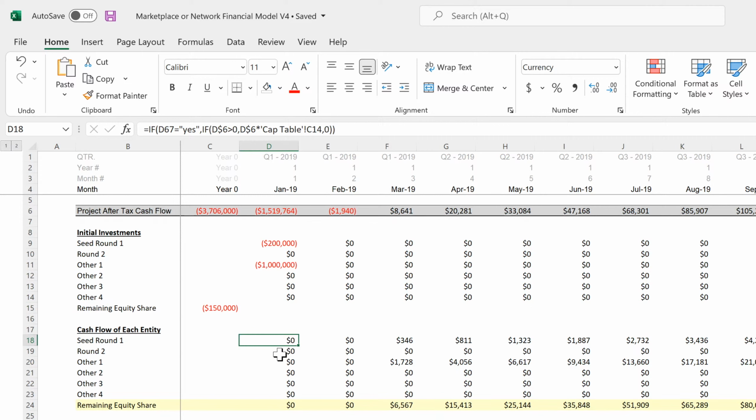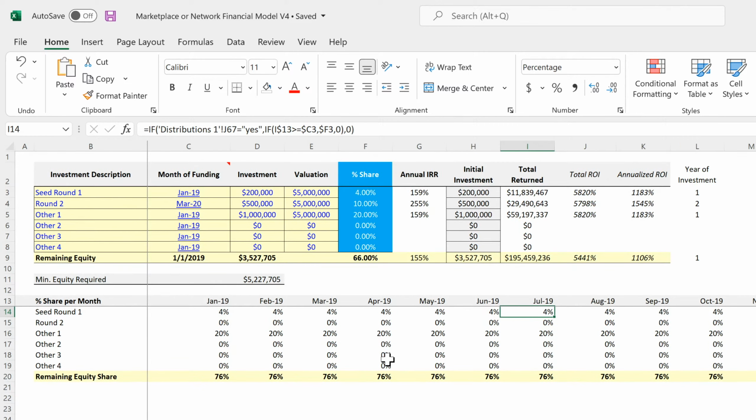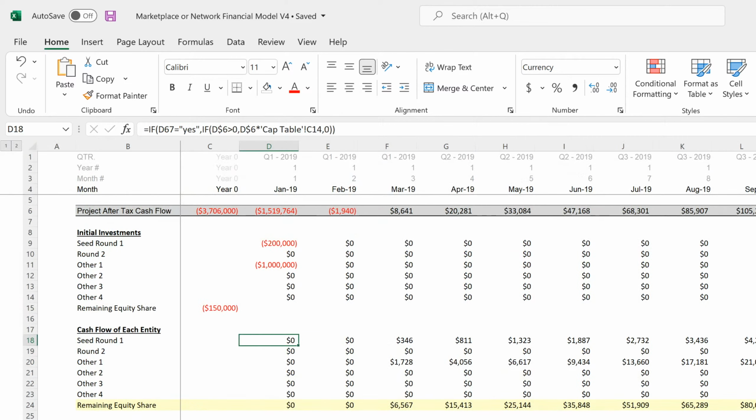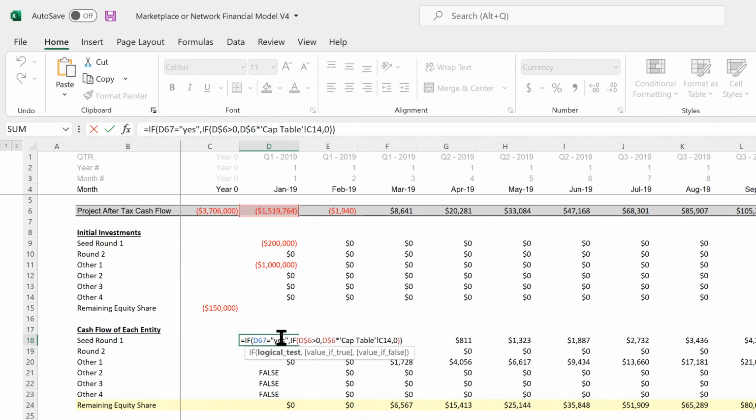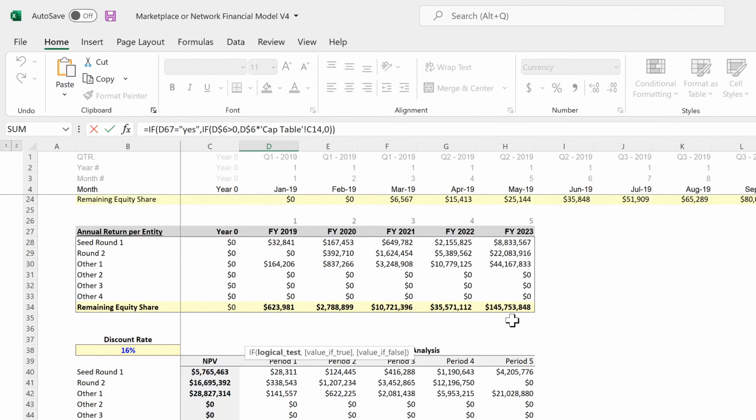All right, we're making a lot of improvements here. So I believe now what I can do is just drag this down. Wait, let's go back over to cap table. Okay, now that makes sense. Okay. Locking here. So C6 is locked.